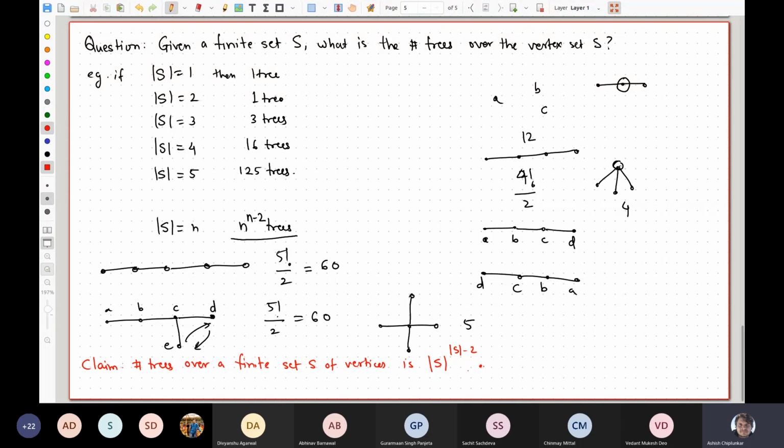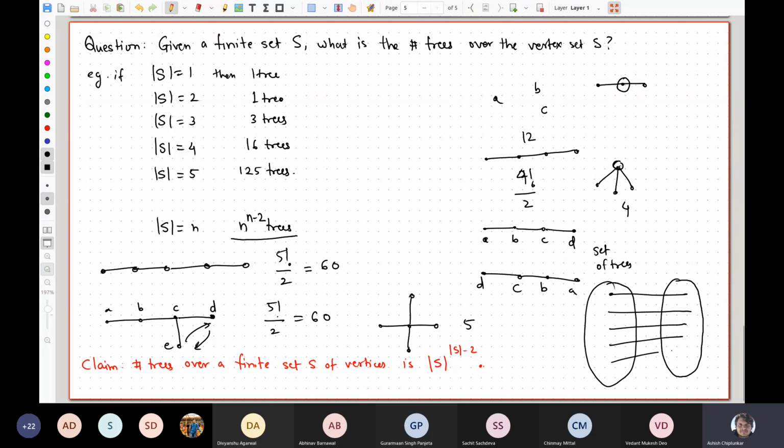Okay, and how are we going to prove this claim? Let's look at the very high level idea of this proof. So this is the set of trees, and this some other set. We'll prove that there actually exists a nice bijection between these.